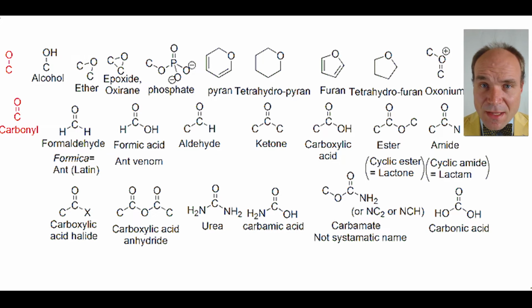Again, those aren't the only examples, but it gives you a good idea of some of the functional groups and the atoms that are involved in carbon being doubly bonded to oxygen.